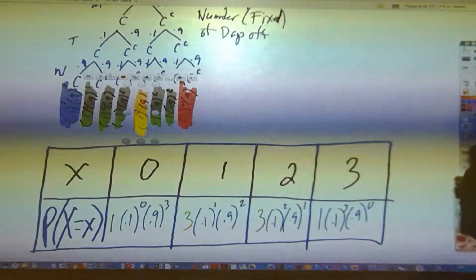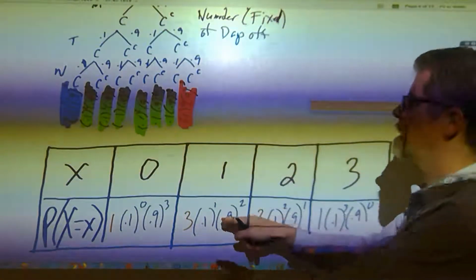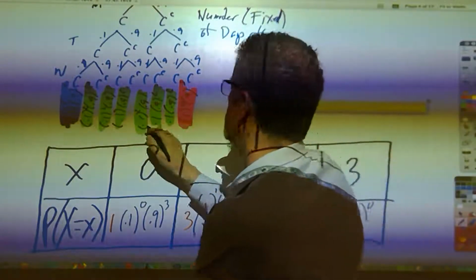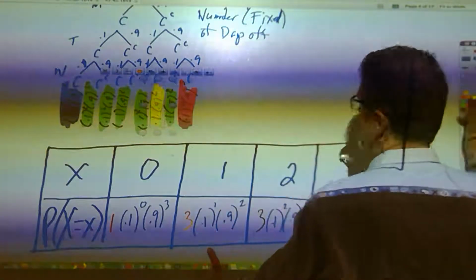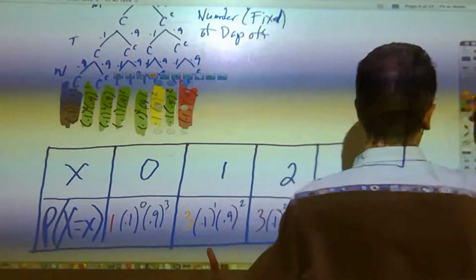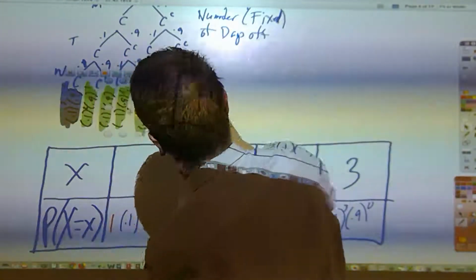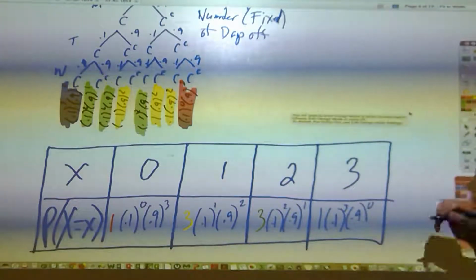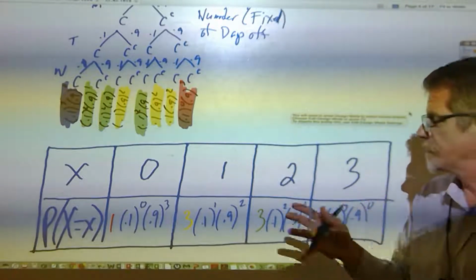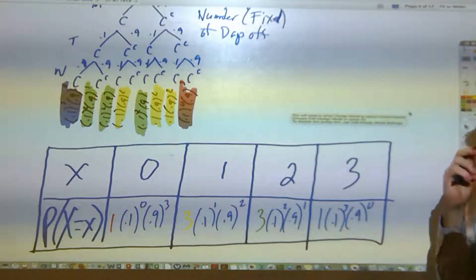The ones that I want to be yellow are 0.1 to the first. So 0.1 to the first is yellow. Okay, so now the color coding matches up.